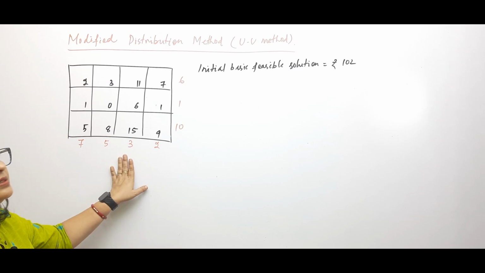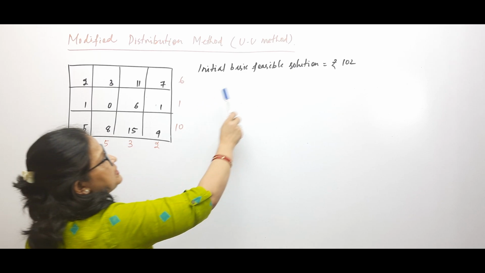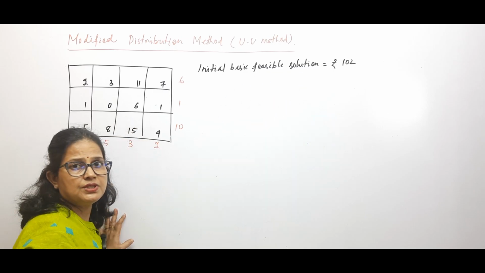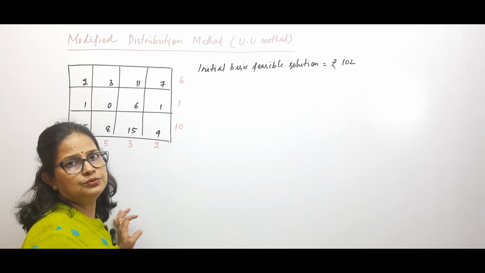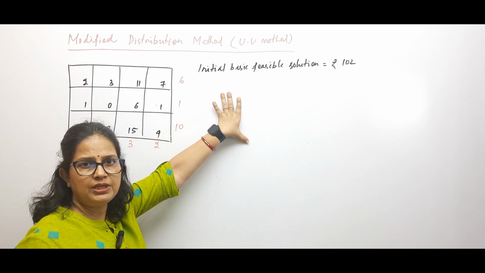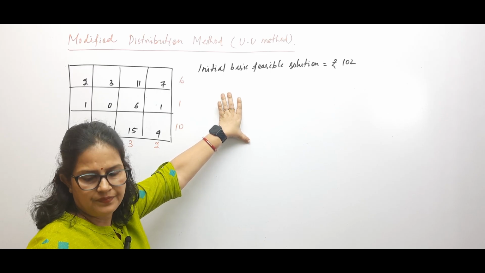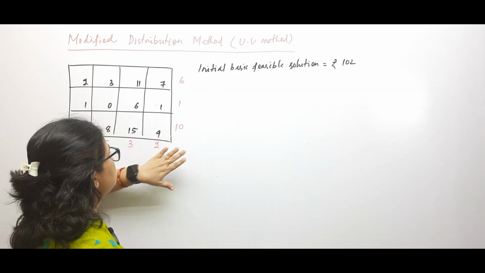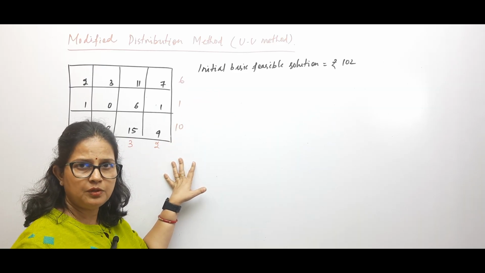This question I have taken, and the initial basic feasible solution for the question was 102. Let us see whether this is our optimal solution or we can find a new optimal solution. First, to check for optimality, we have to check the number of rows and number of columns.